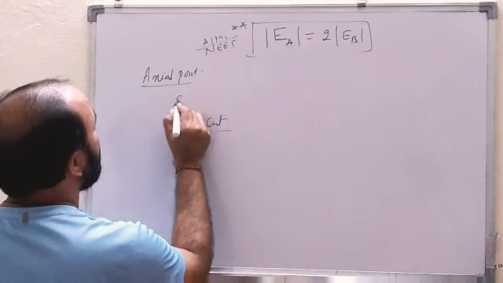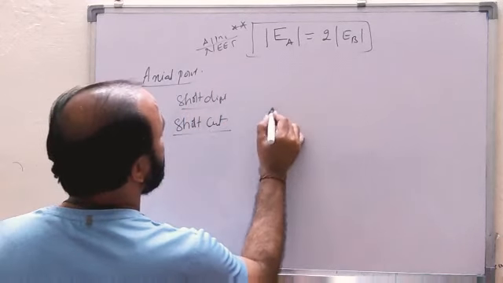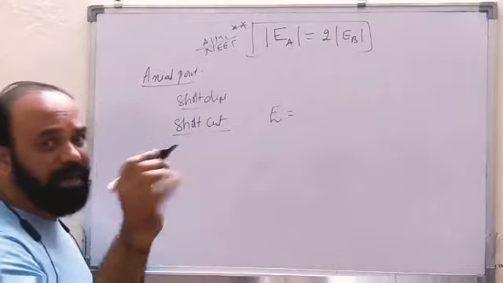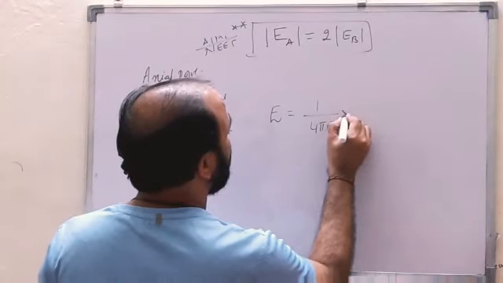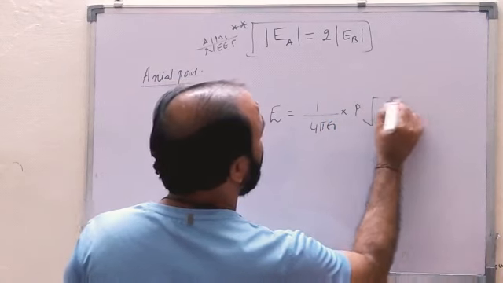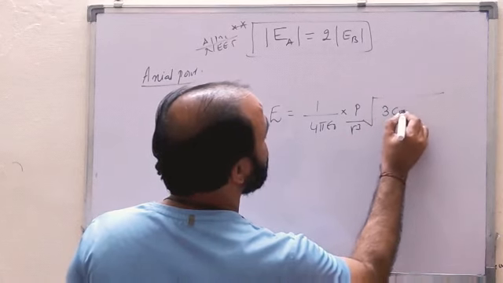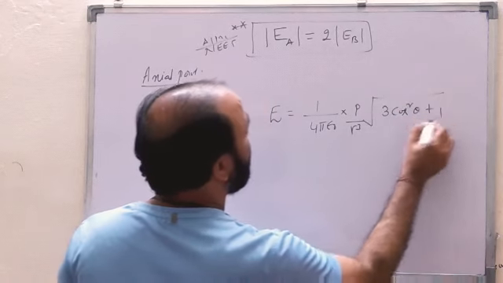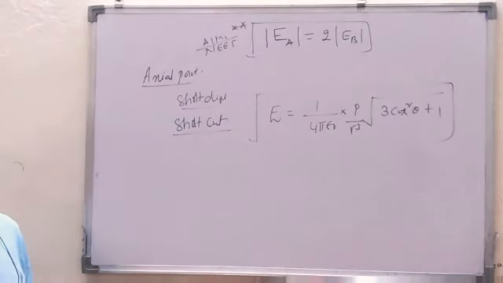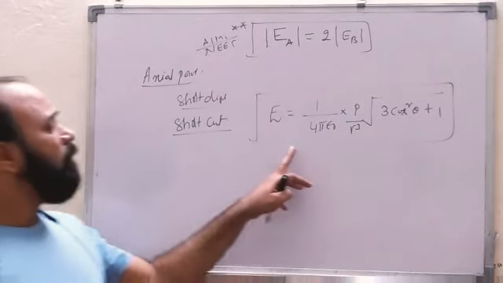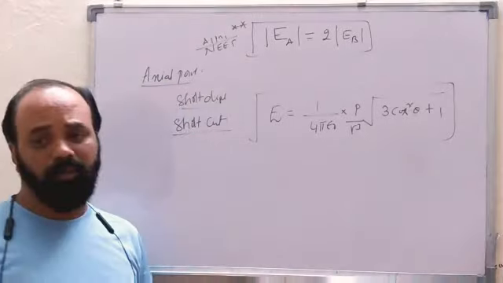E at any point is equals to 1 by 4 pi epsilon naught P by R cube into root of 3 cos square theta plus 1. This is the shortcut. Okay, this is about dipoles.